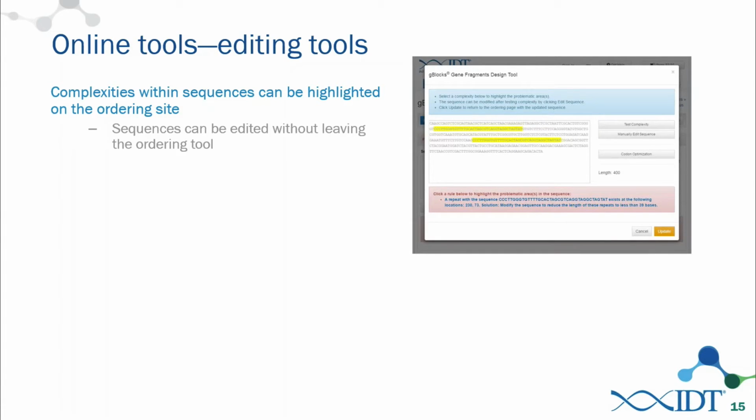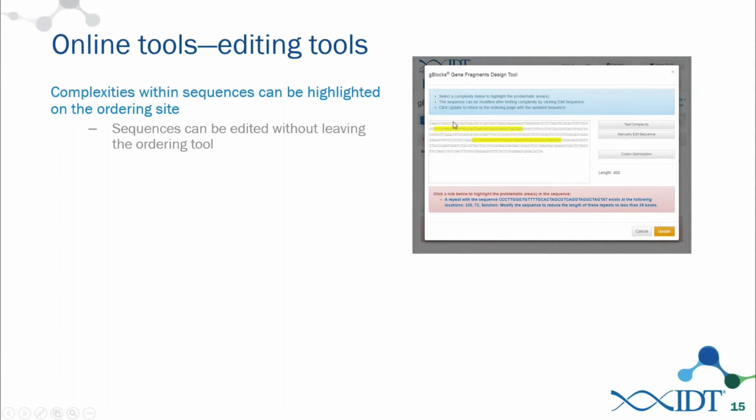And so to eliminate sequences that we're going to have a hard time making and that our customers are going to have a hard time using, we've created a set of rules that can identify structural complexities. And we've also created an online tool that can show you within your sequences in real time where those structural complexities lie, what those structural complexities are, and give you tools to help fix those or help change those so you can minimize the complexities and get your sequences ordered.